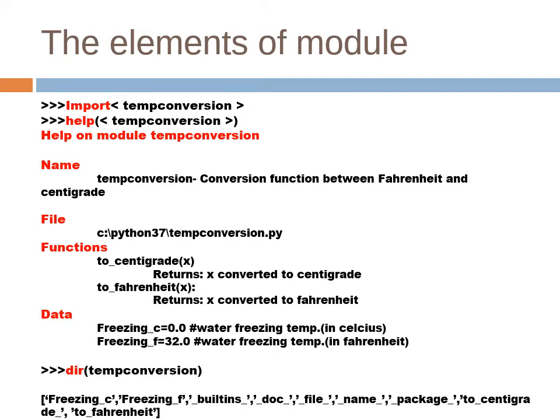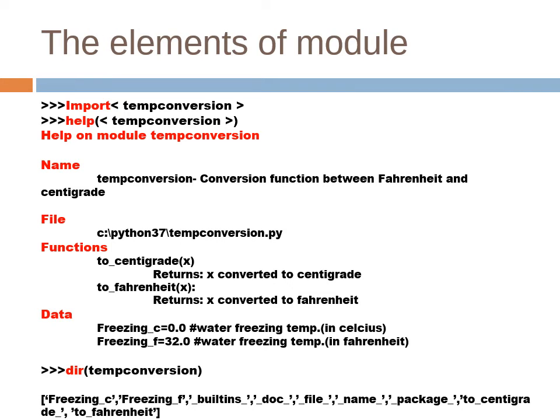To see all the items or names you have defined inside the module, I have another function called dir. Within that I need to give my particular module. If I type dir with the module name, it returns all the names of the items which have been defined inside the module.